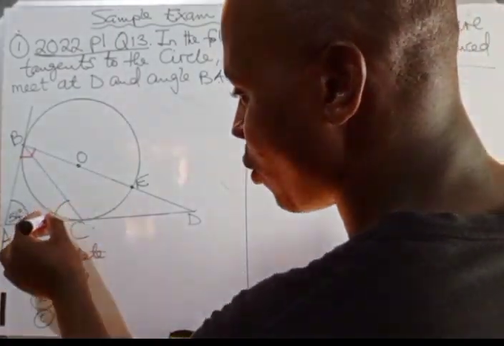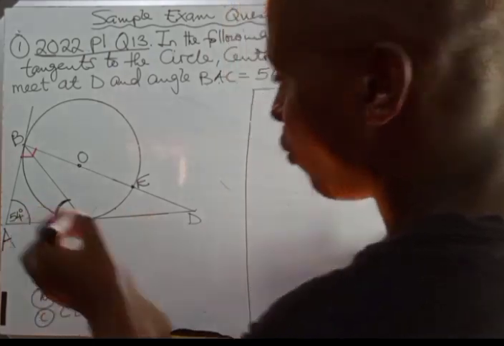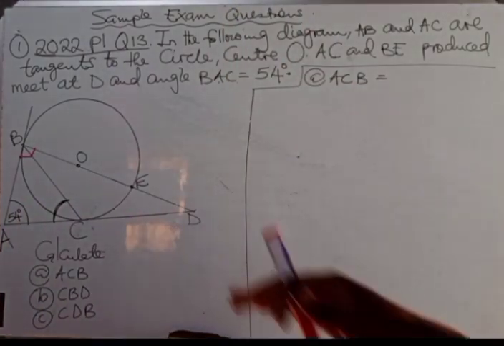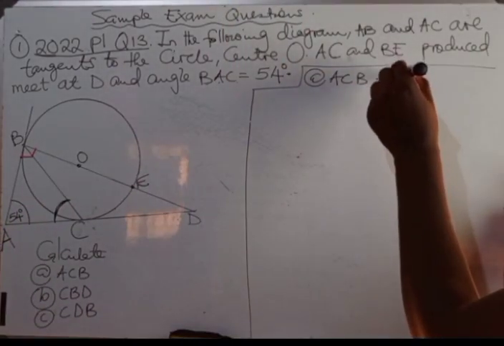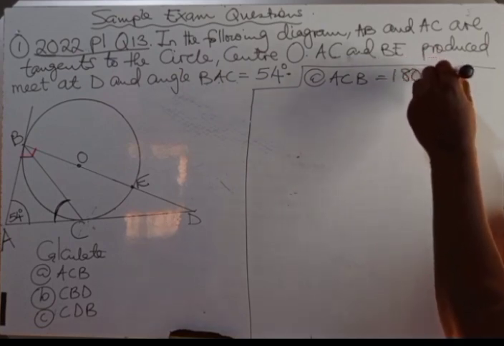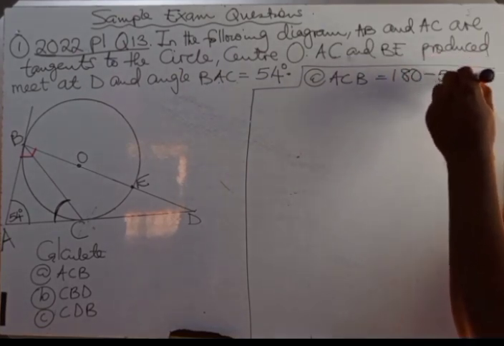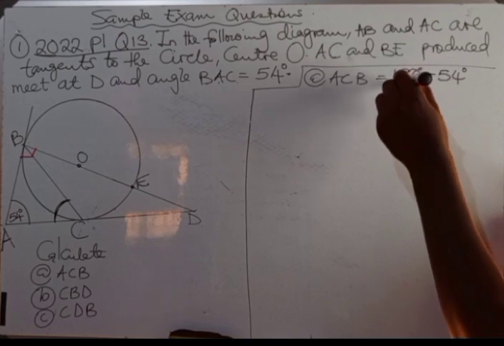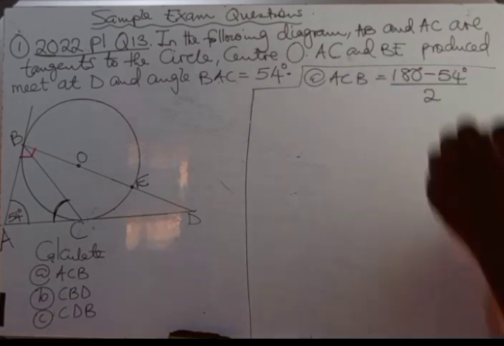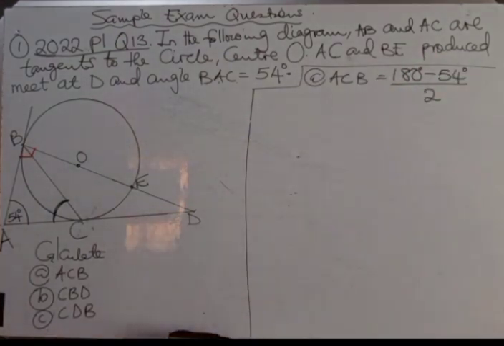What angle is that? To find that angle, we are going to say 180 minus 54. Whatever we get, we are going to divide it by 2.